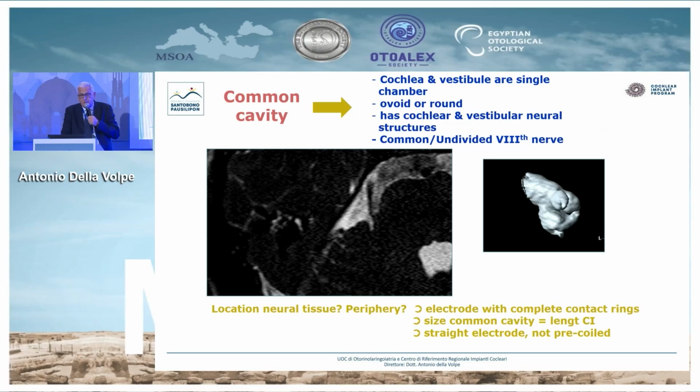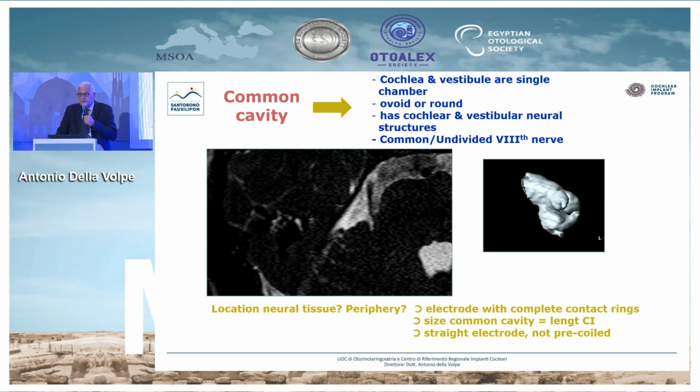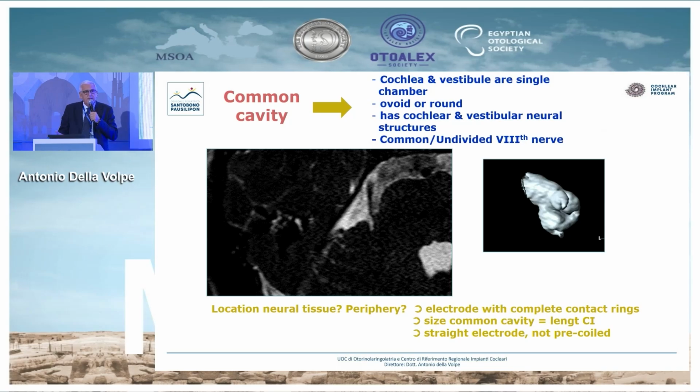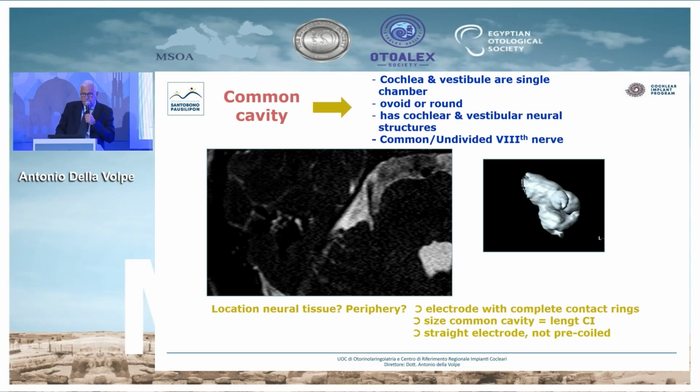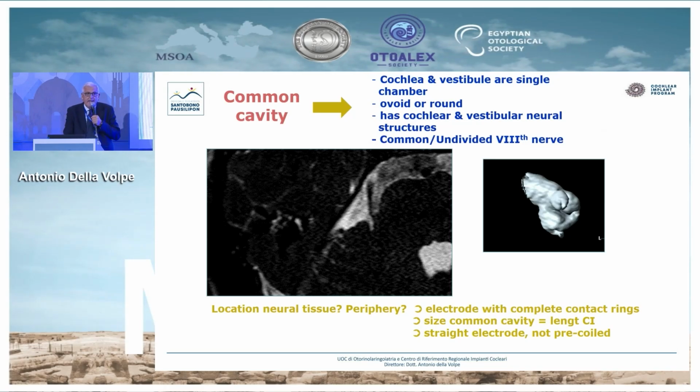In this case, you can perform a CT scan, but in children a CT scan is not useful because you need a lot of X-ray radiation. You use a normal radiography, a Stenvers view, and using a special software, we can evaluate the anatomical fitting of the patient after the implantation.